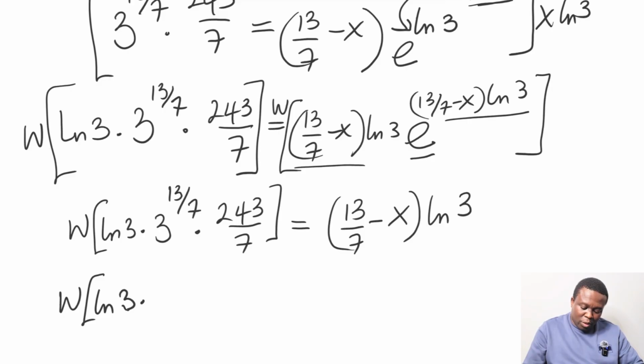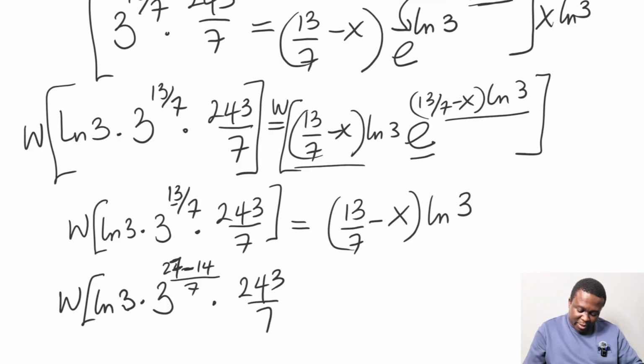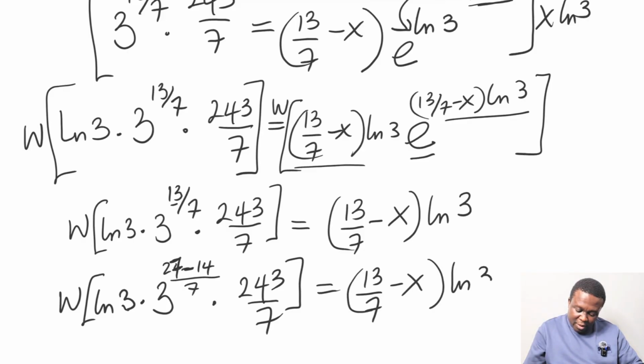So we know that 13 is the same thing as 27 minus 14. 27 minus 14: 7 minus 4 is 3, 2 minus 1 is 1. So that's 13, 13 over 7. So 27 minus 14, same thing. Here we have 243 divided by 7. And that's equal to 13 over 7 minus x ln of 3.